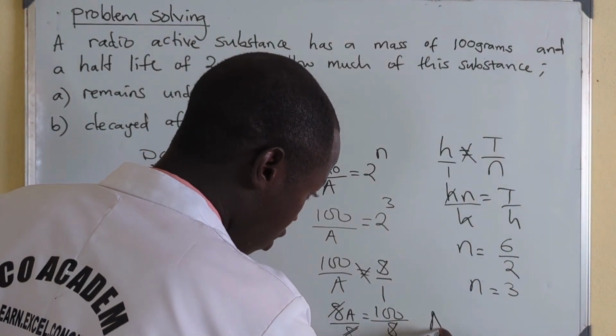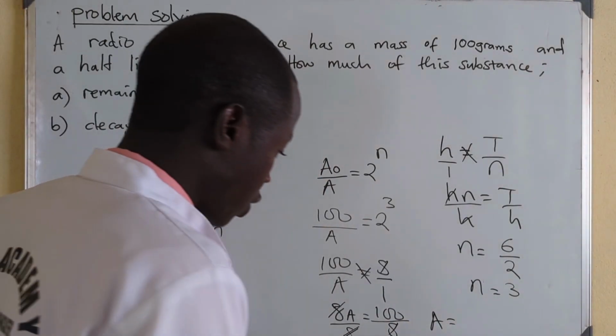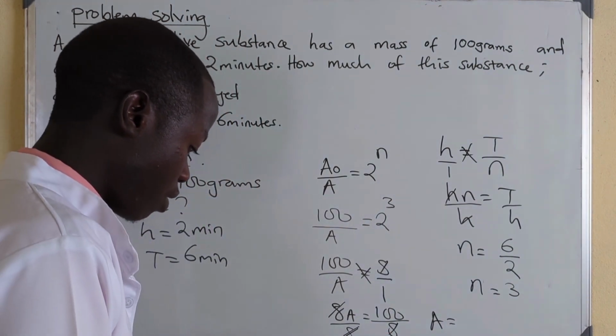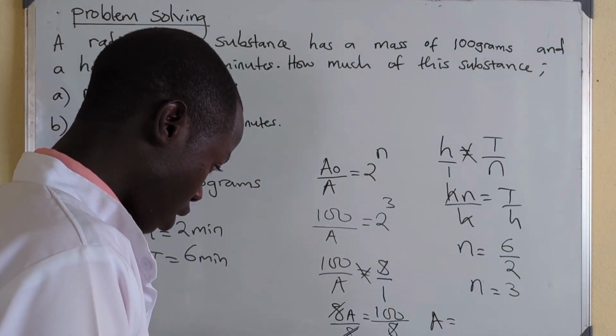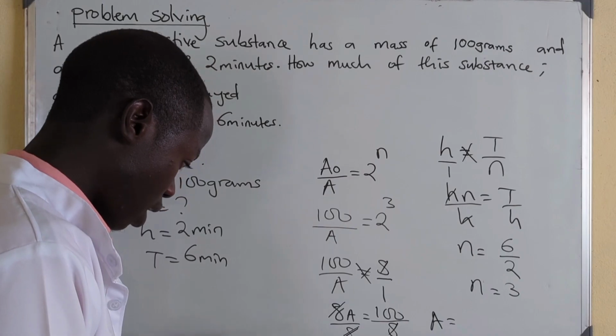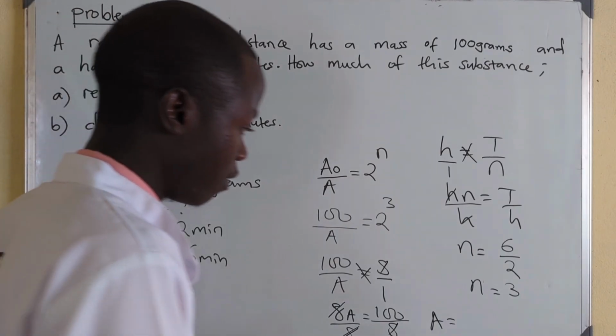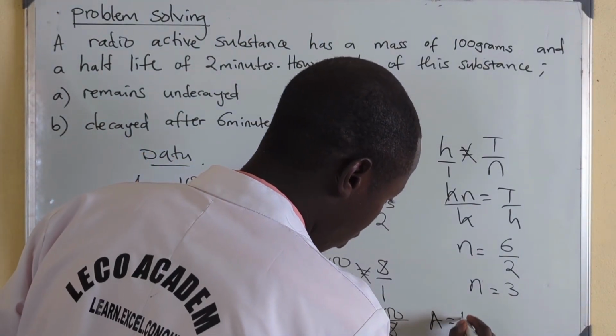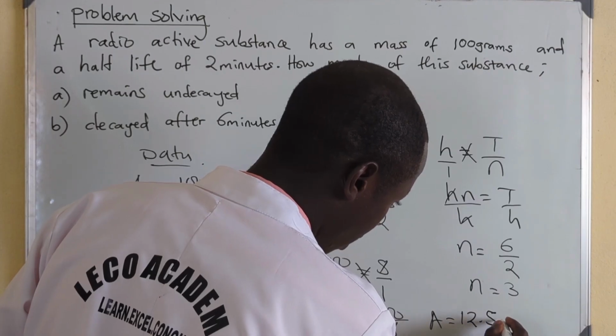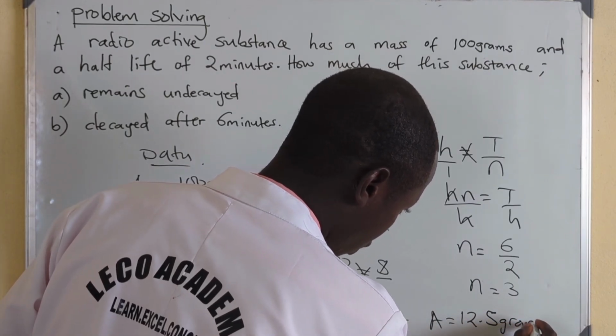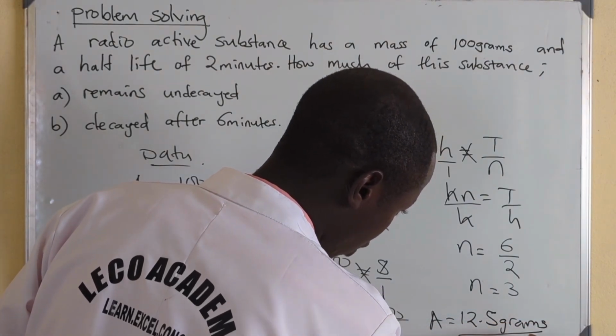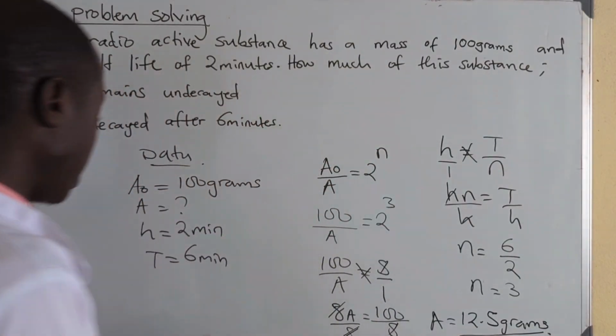Therefore a is equal to 100 divided by 8, which is 12.5. So this is 12.5 grams, the mass that is going to remain undecayed.